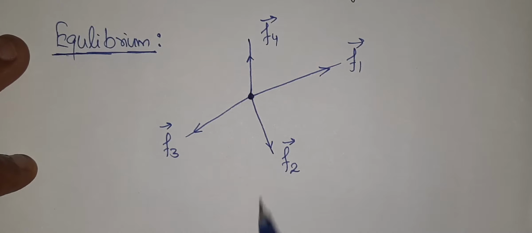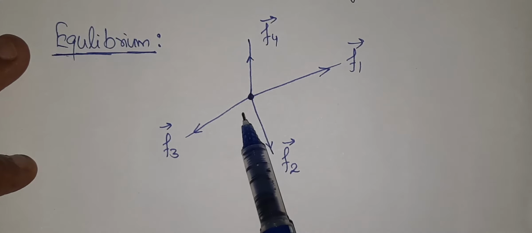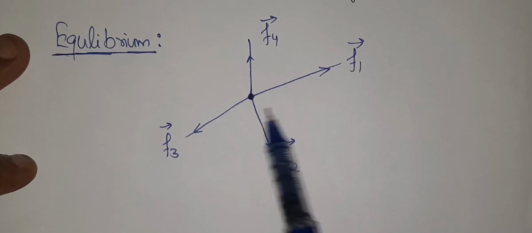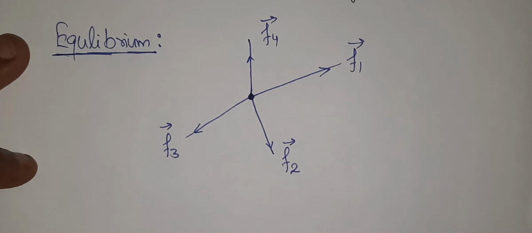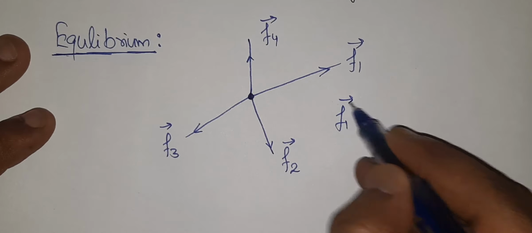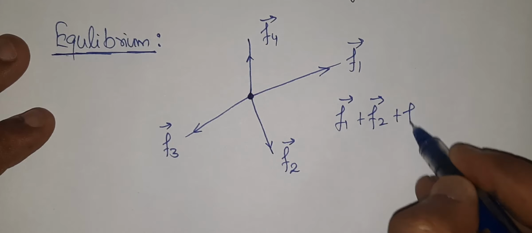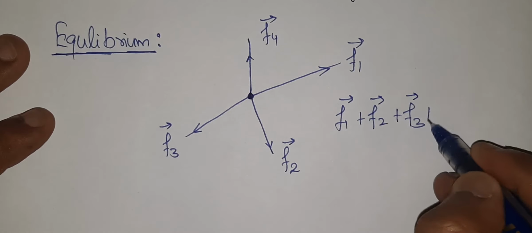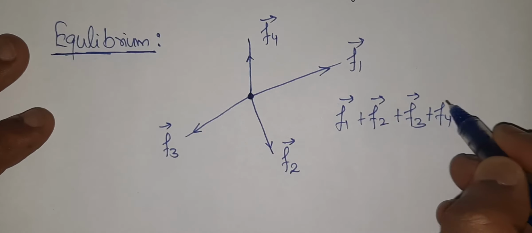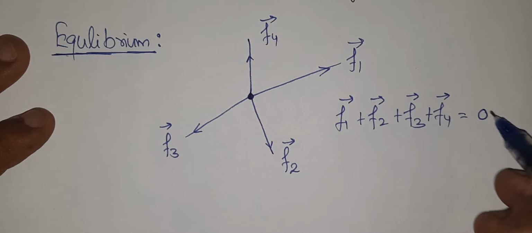Okay, this point mass is at rest or it is moving with uniform velocity. Meaning F1 plus F2 plus F3 plus F4, the vector sum of all these forces, is equal to 0.